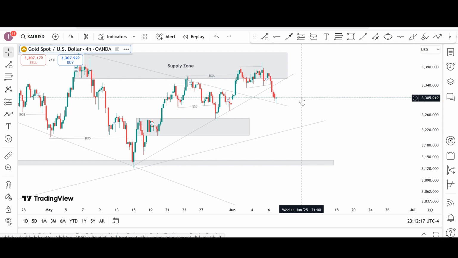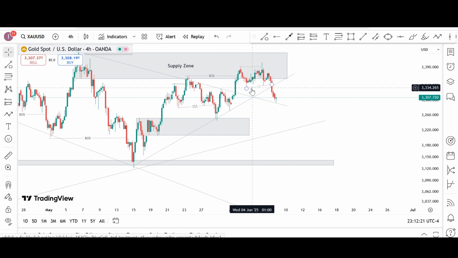So this support level has been taken out already. Price took liquidity, change of character right here. So price can definitely push back to this area and drop massively. So either disrespect this trend line or disrespect the trend line to come down as low as here.